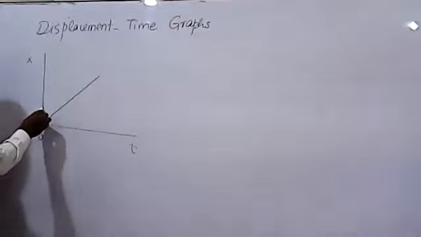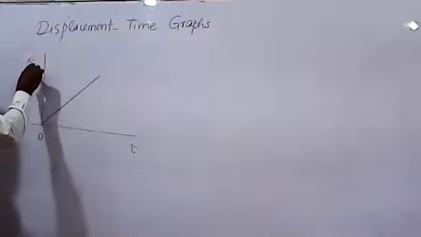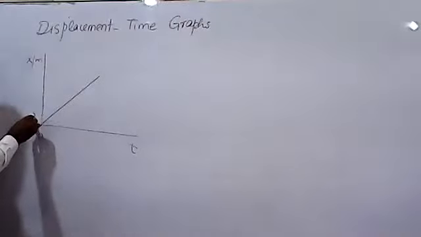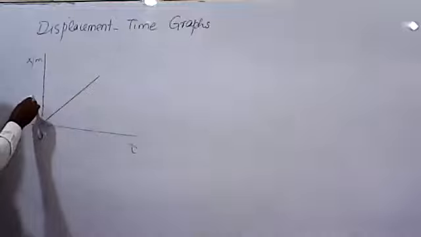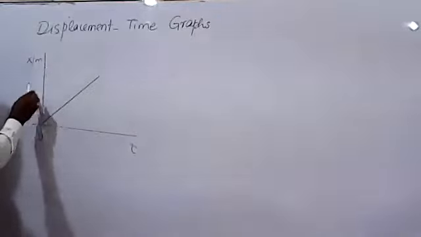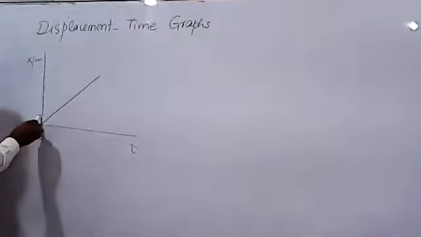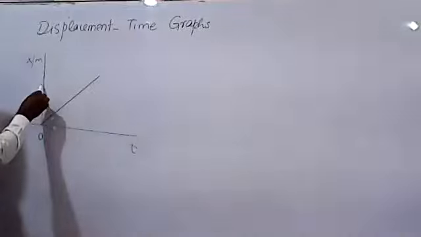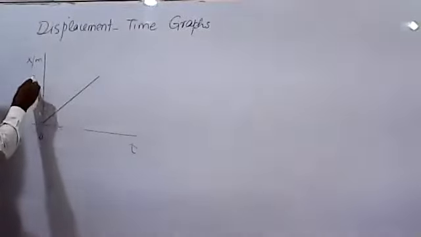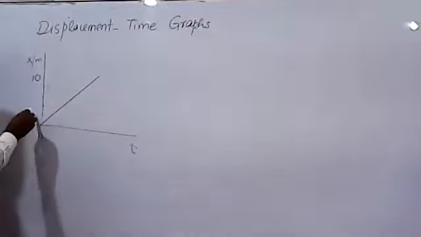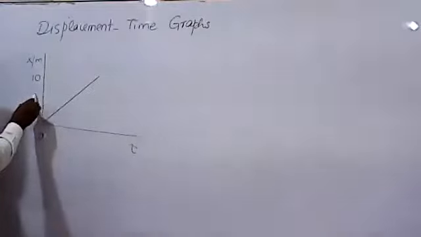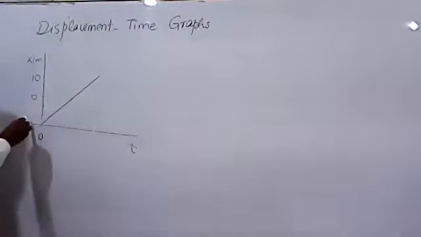That means if this scale, let's say, is in meters, and this is 2 meters, this is 4 meters, this is 6 meters, and let me write it big so you can read it clearly. 2, 4, 6, 8, and let's say this is 10. 2, 4, this is 6.